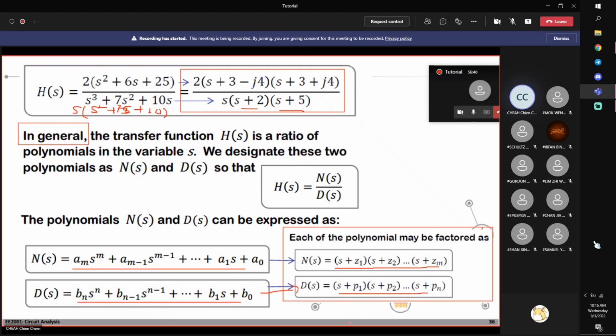In fact, we have done this so many times in inverse Laplace transformations, after you get the solutions. You factorize the denominators, and then expand using partial fractions. So this is what we have done, except that we also factorize the numerators.